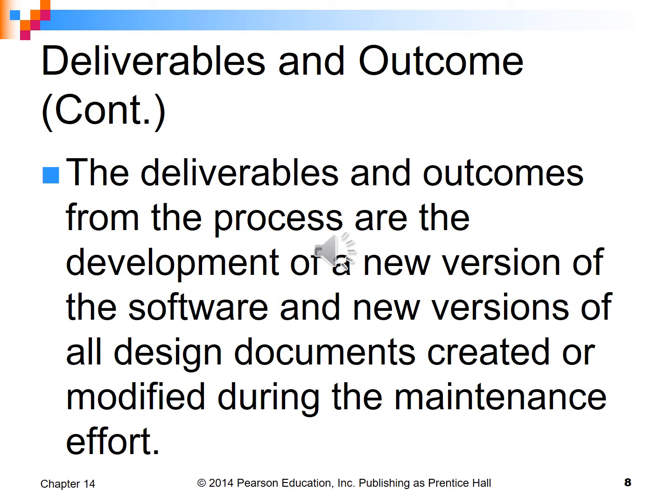As we said, the deliverables and outcome from the process are the development of a new version of the software and a new version of the design document created or modified during the maintenance effort.